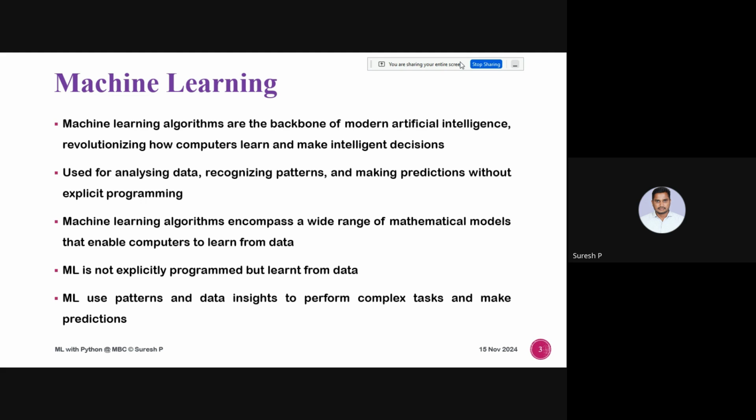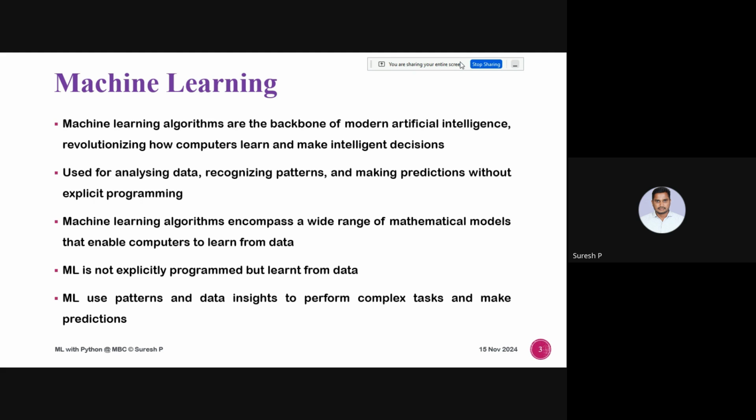Even a lot of applications are using AI technologies. Because of that, we can easily analyze the data, recognize patterns, and make predictions without doing explicit programming. Machine learning has a lot of mathematical models, and because of those models, computers can learn insights from the data.